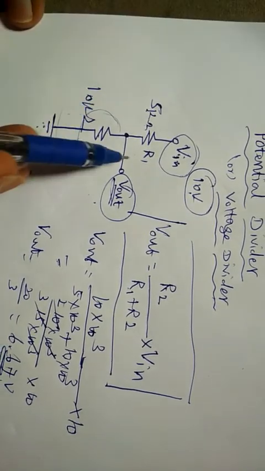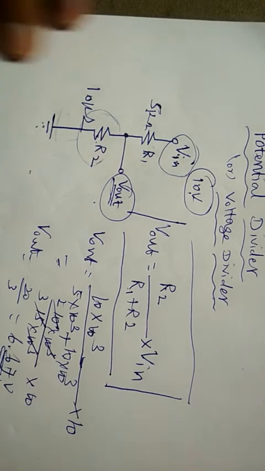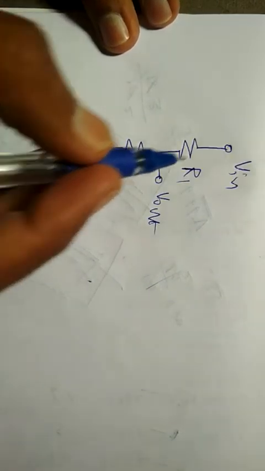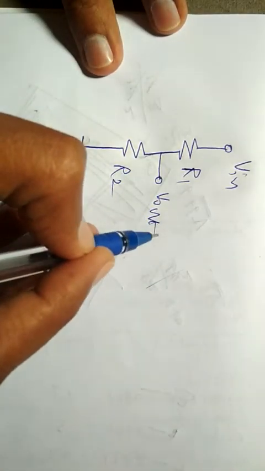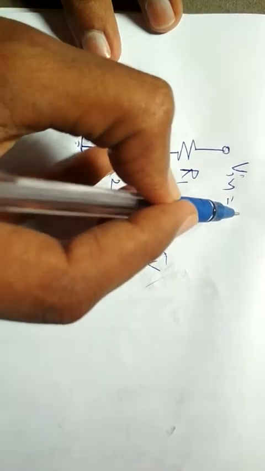you have to choose both the resistors R1 and R2 with the same values. For example, we require Vout to be 5 volts by choosing Vin equal to 10 volts.